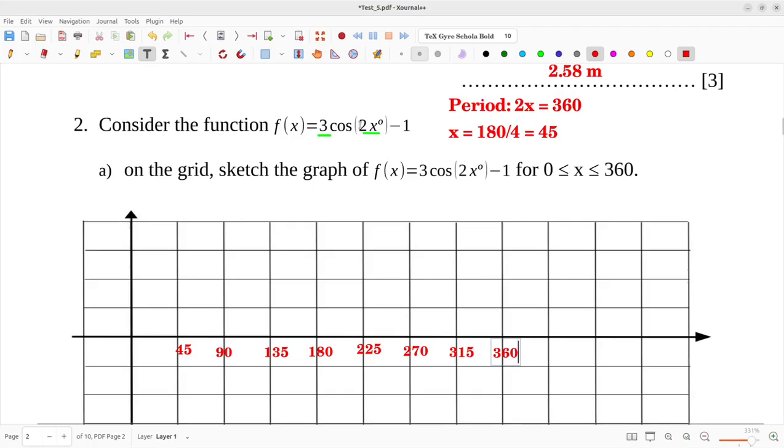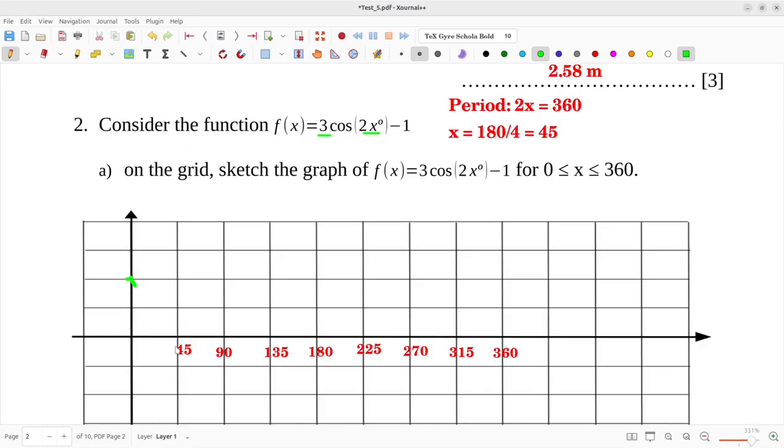And then cosine of 0 is 1, times 3 gives us 3, minus 1 gives us 2, which means the first point is coming here. That's the first point. And then at 45, times 2 is 90.